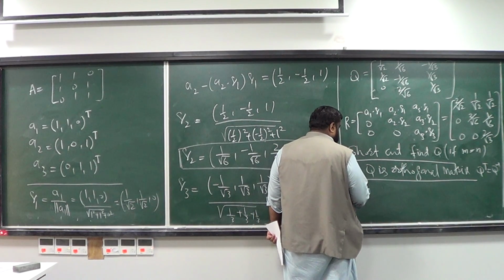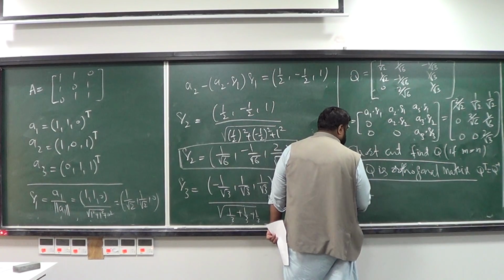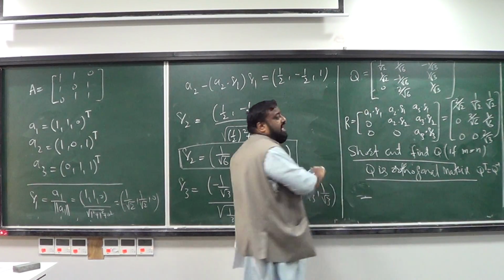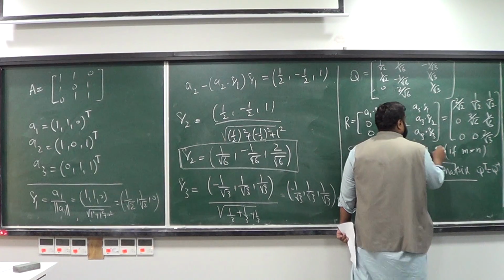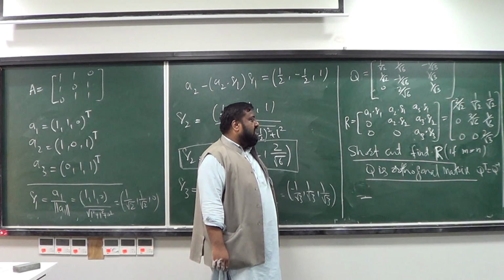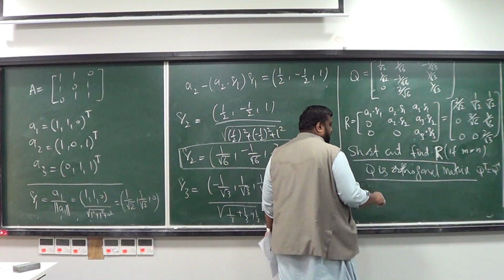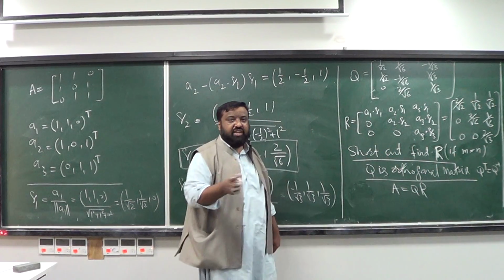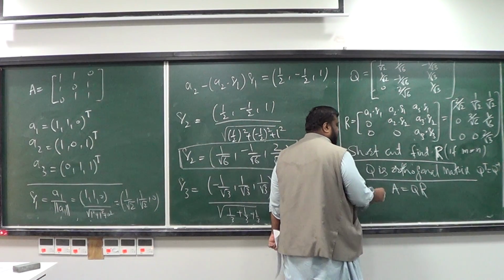Then the algorithm can be revisited in this manner. Yes, you have to do the Gram-Schmidt process and compute Q. But there is a shortcut to find R, the upper triangular matrix, if M is N. Find Q. Now since Q is orthogonal and A is equal to QR, where R is unknown, we know A and Q, then R can easily be found by simply multiplying by Q transpose on both sides.